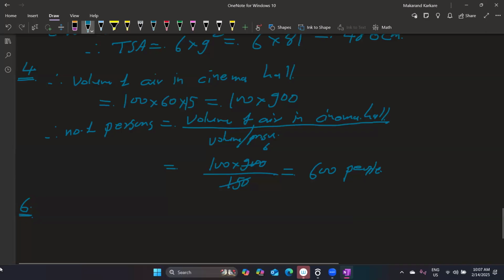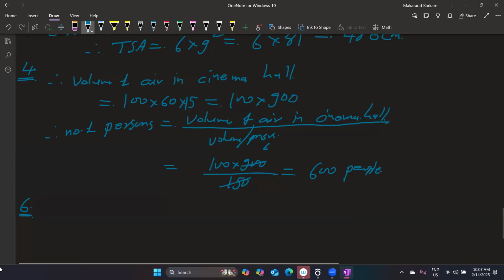So sum of the 3 cubes comes out to be 216. Right. Now you're right. 7 can we skip? It is very similar.